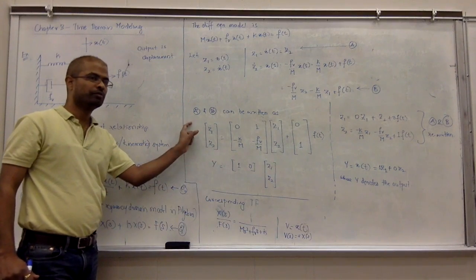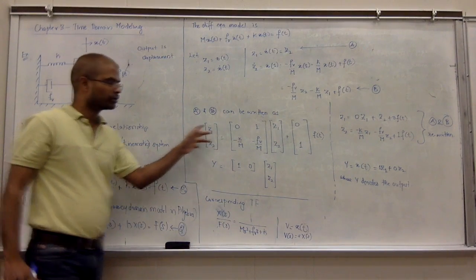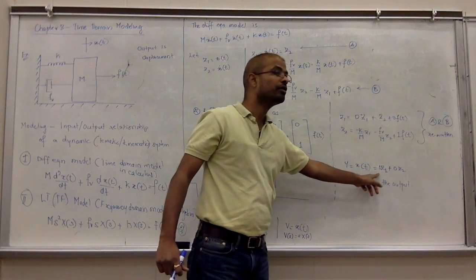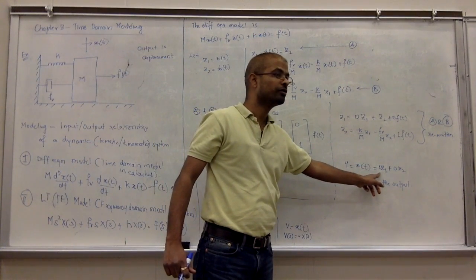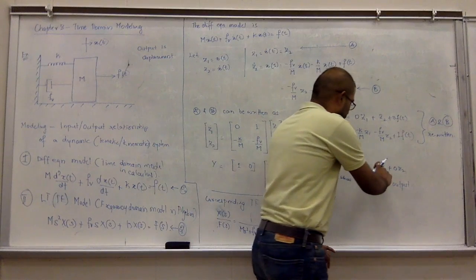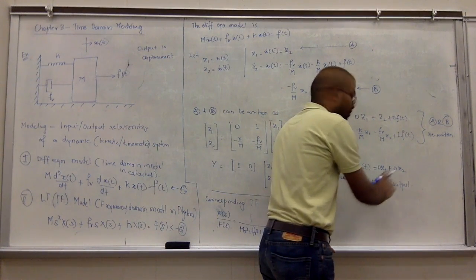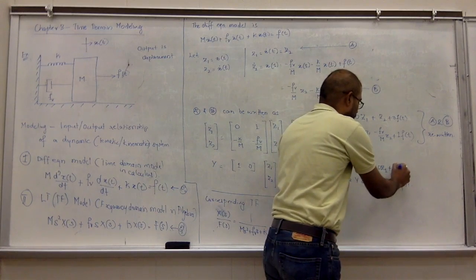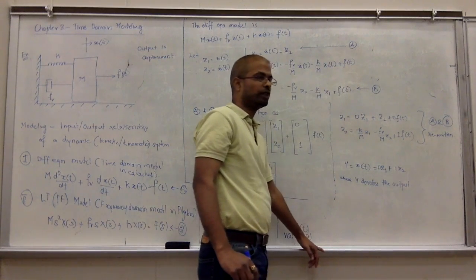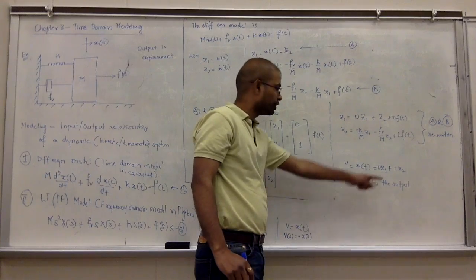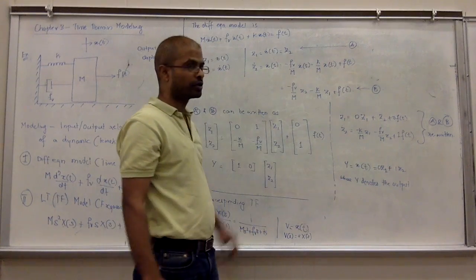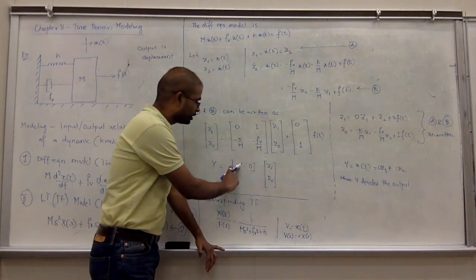This will remain the same, so what will change? That would be Z1 dot. Oh yes, because Z2 is x dot, velocity. Accordingly, this matrix will change.